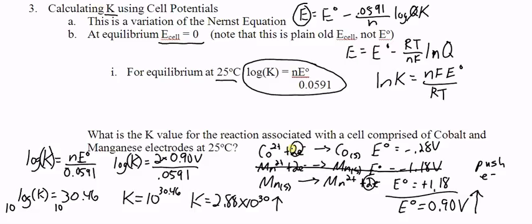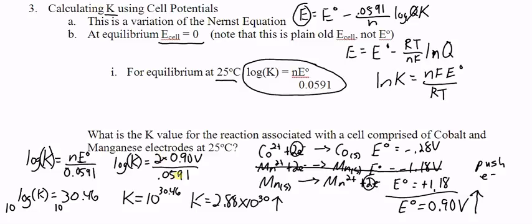When you end up having smaller cell potential values, things that are closer to like 0.2 or 0.1 or 0.3, you're going to have K values that are a little bit smaller. This is a pretty big K value, meaning that there's a rather large difference between the products and reactants. You're going to need a pretty small cell potential value in order to have K values that are close to 1, especially because oftentimes the number of electrons transferred is going to be 2.